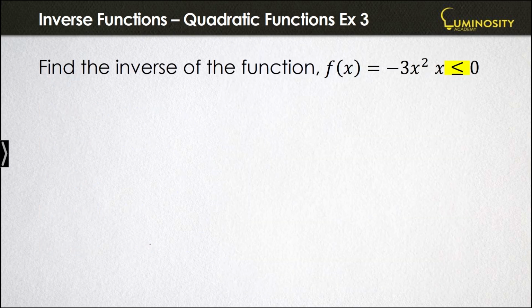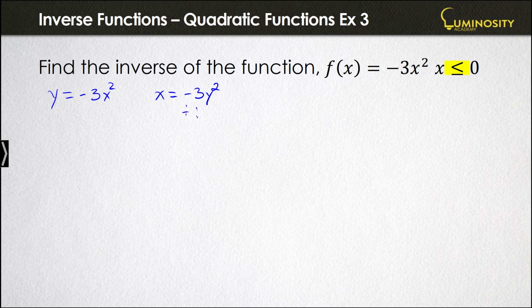So let's do one last one together. So here we have f of x equals negative 3x squared. And we're saying that x is less than or equal to 0. So following our steps, we say y equals negative 3x squared. We swap the x and the y, and then we solve for our y.